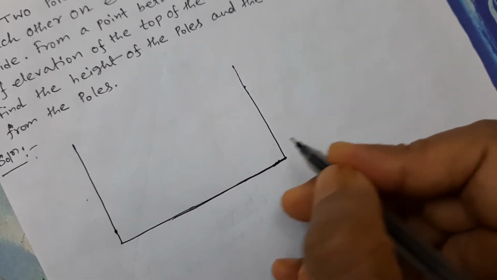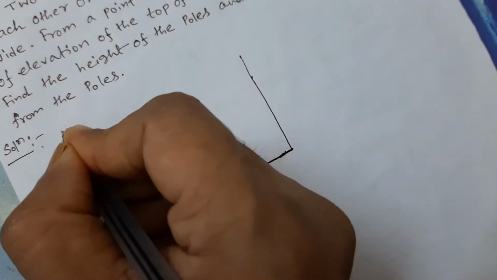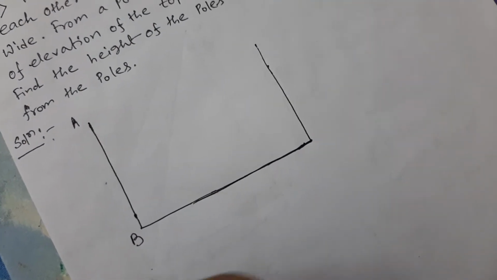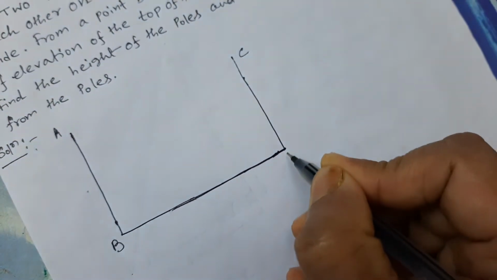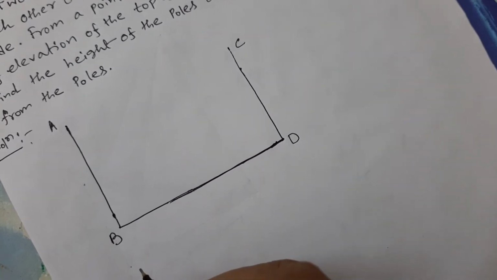AB is one pole and CD is another pole, and both are equal.